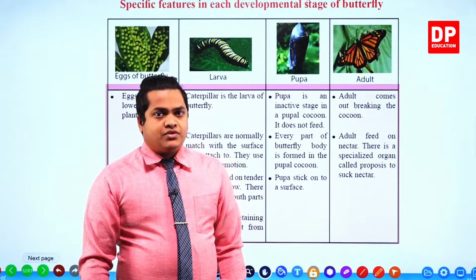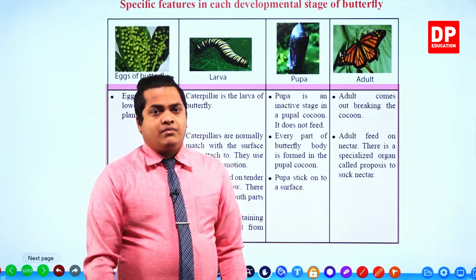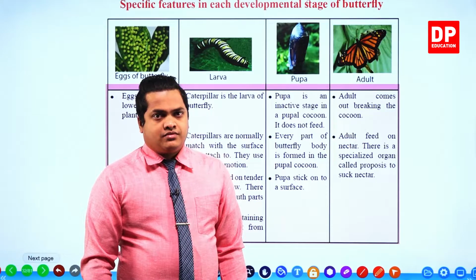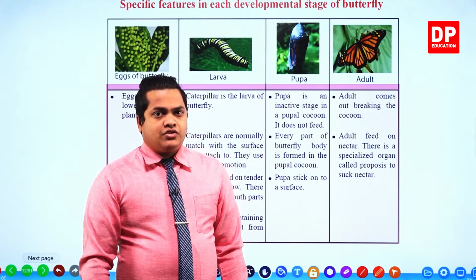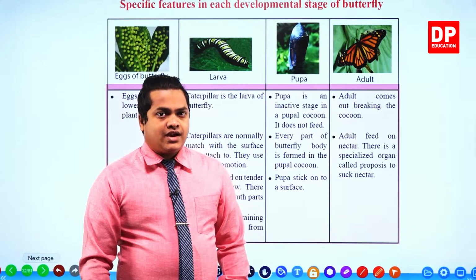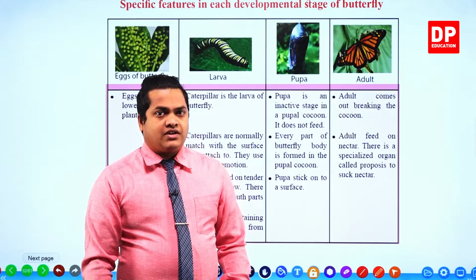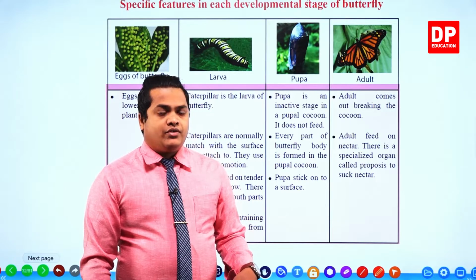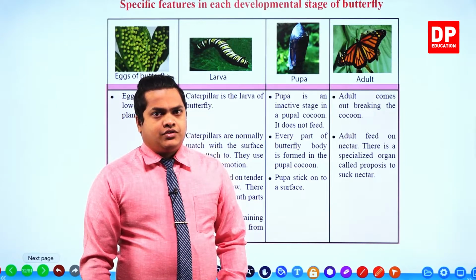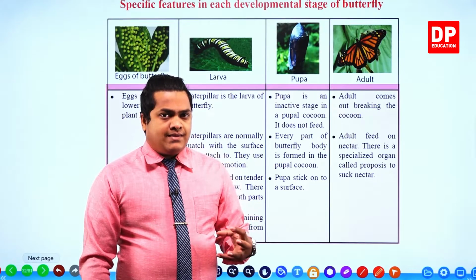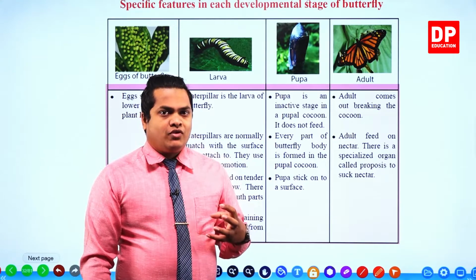So it helps to avoid predation. Okay, camouflage is a good adaptation shown by the caterpillar stage of the butterfly in order to avoid predation, my dear children. Okay, so most of the times caterpillars are going to show camouflage.